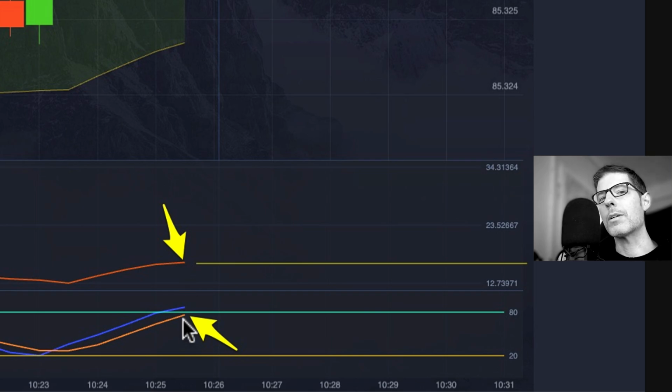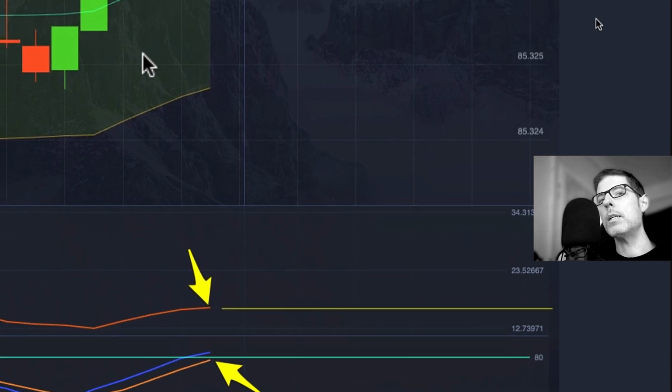And then over on the stochastic oscillator, this must be showing either overbought or in the oversold area. The overbought area would be around 80 and the oversold area would be down here around 20%. So it's all these confluences, everything has to work together, and when that happens, you enter the trade.